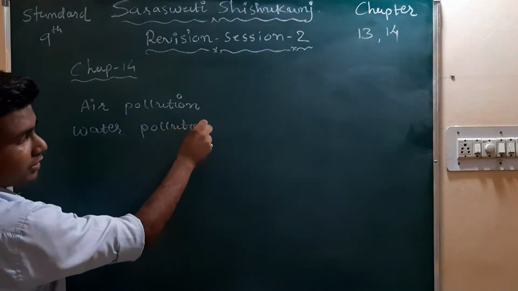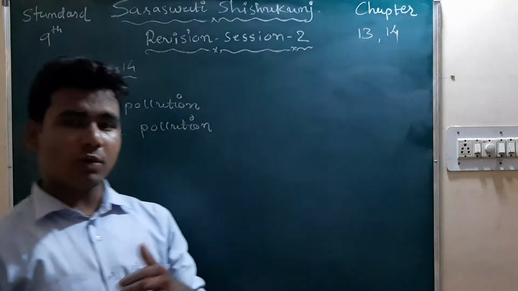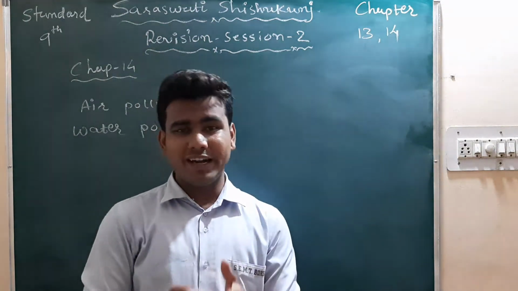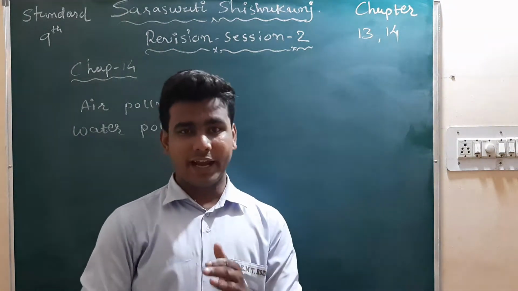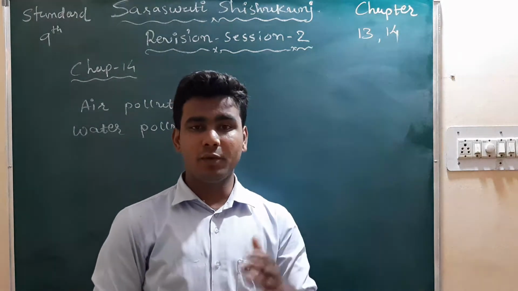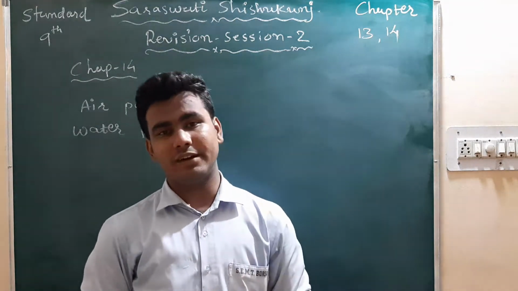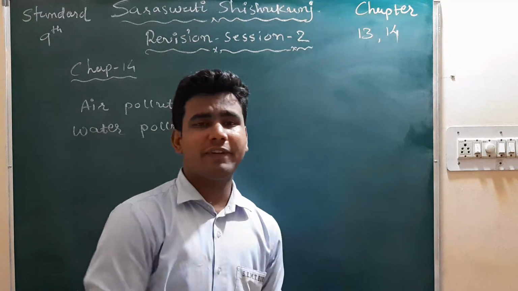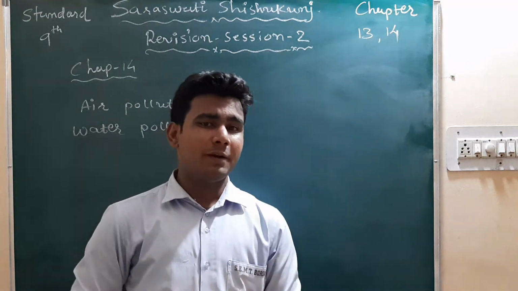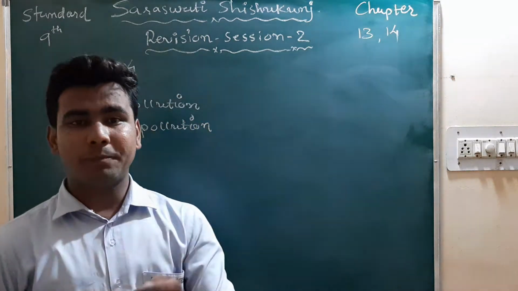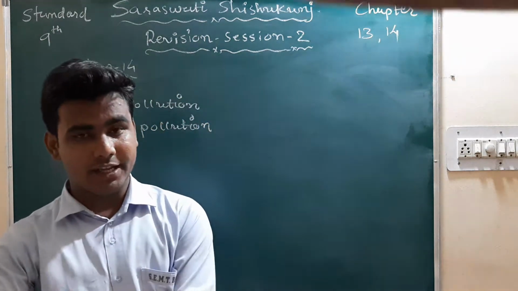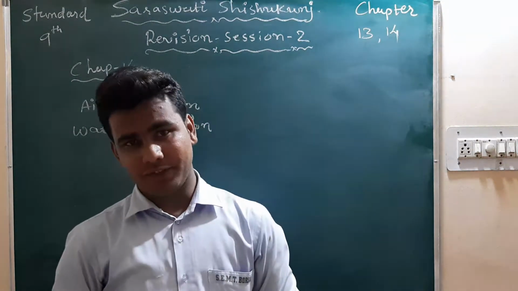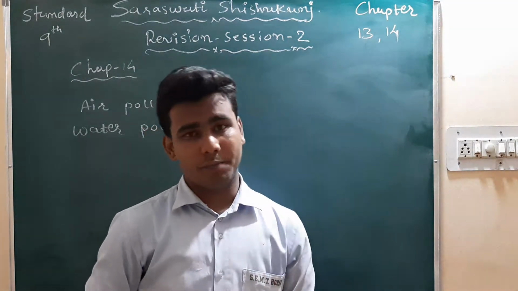Also we are very aware of water pollution. Now what is water pollution? Similarly, adding unnecessary substances, adding waste into water bodies, is considered water pollution. By our activities like bathing of cattle or by adding chemical waste directly into water bodies, by our other household activities, we are polluting our water bodies.